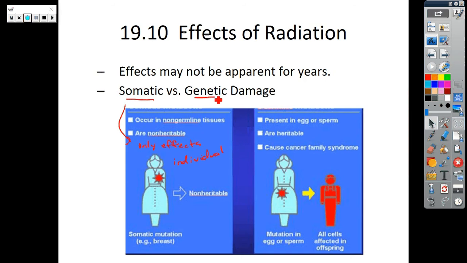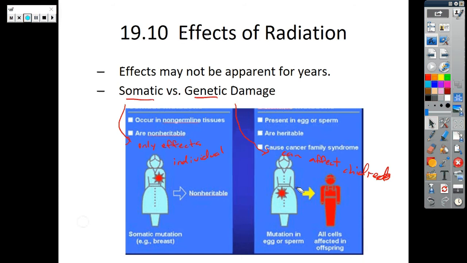Genetic damage, on the other hand, is going to affect reproductive tissues. It's going to affect the DNA in egg and sperm cells. And because of that, it is heritable. That means it could be passed on to children. So when we're talking genetic damage, this can affect children of the person who was exposed.